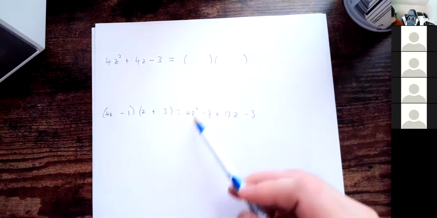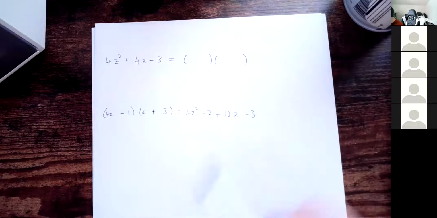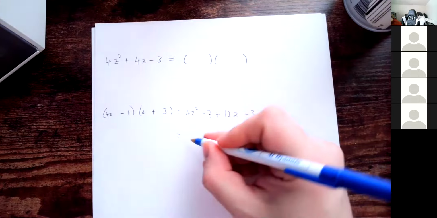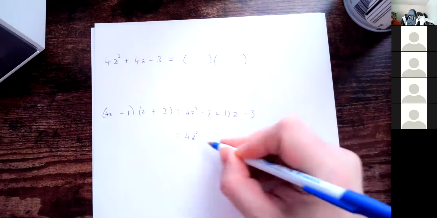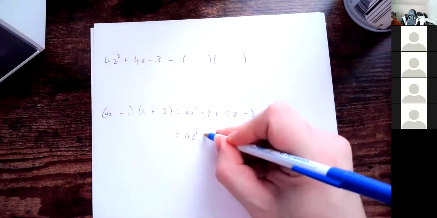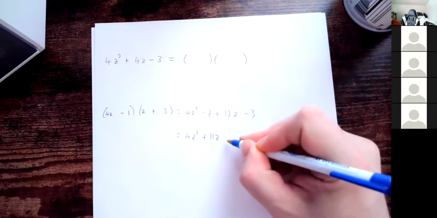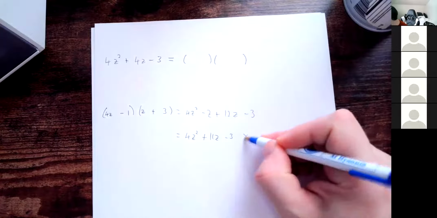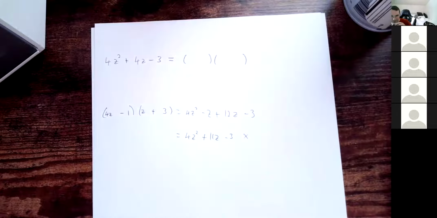We knew you're definitely going to get 4z squared here and minus 3 there. But that middle term just becomes 12z minus z, which is 11z minus 3. And of course, 11z is not equal to 4 times z. So this is not the factorization we're looking for.